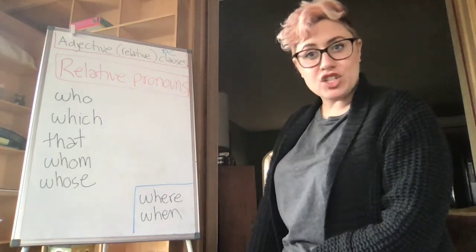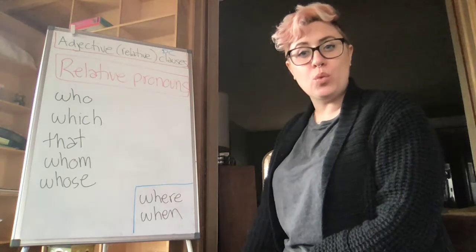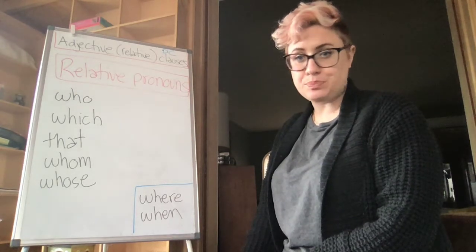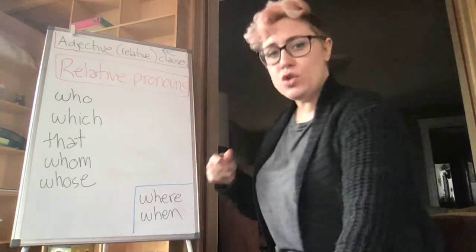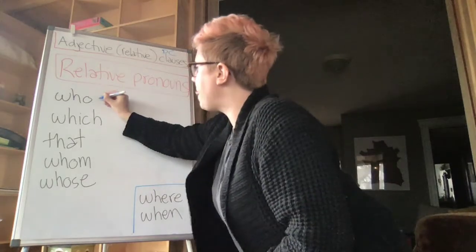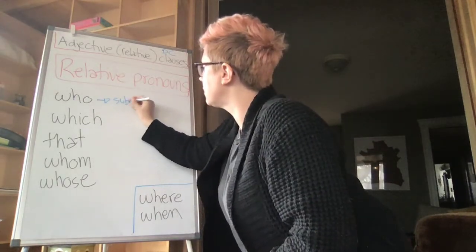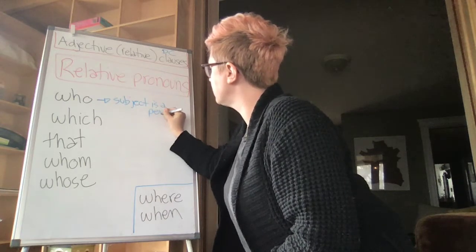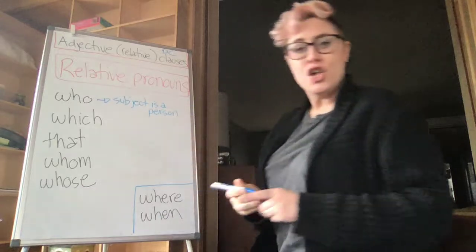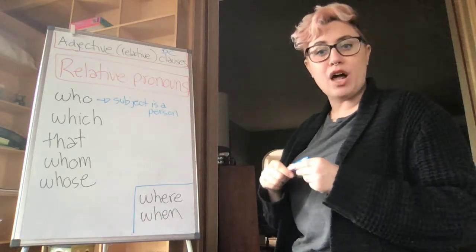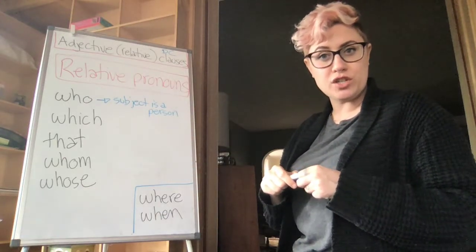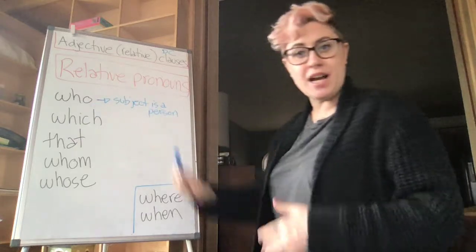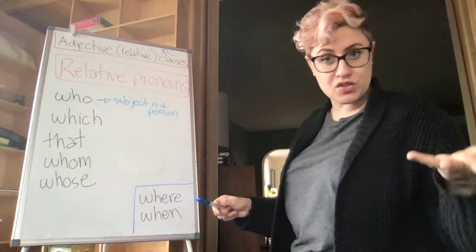But inside adjective clauses, we use special words as pronouns. So we use who when the subject is a person, and that makes sense. So in our sentence, my brother who lives in Toronto, we use who because my brother is a person.